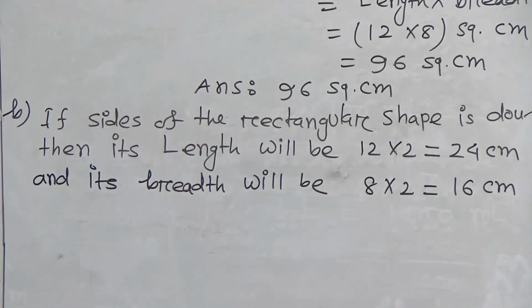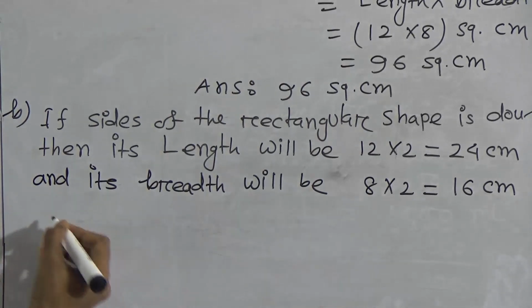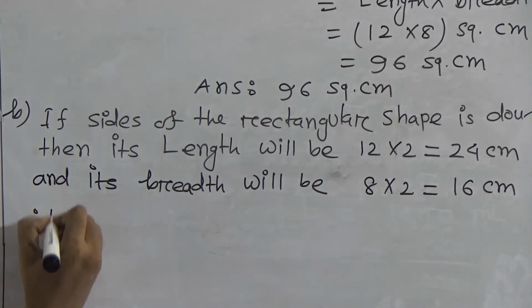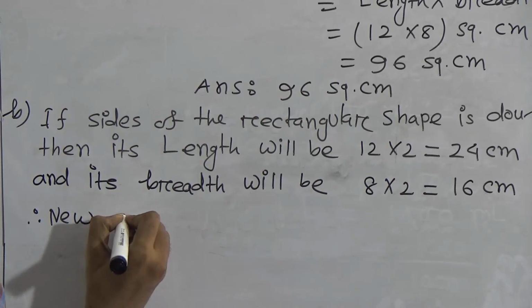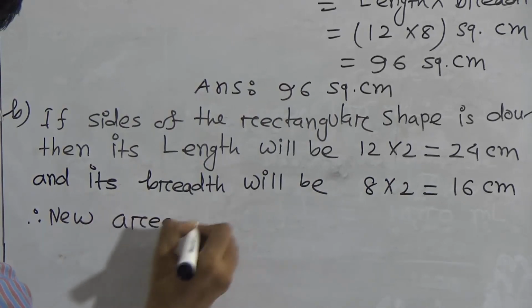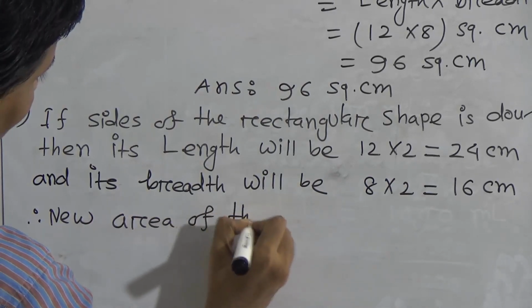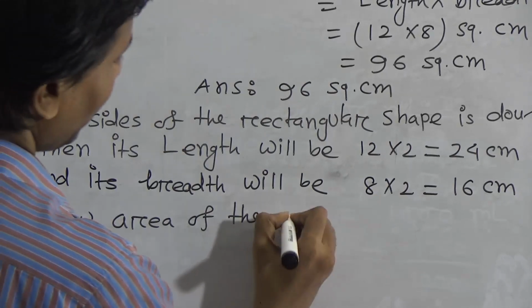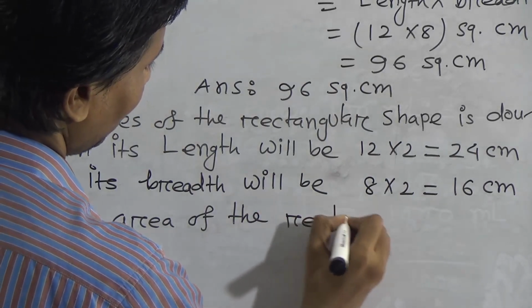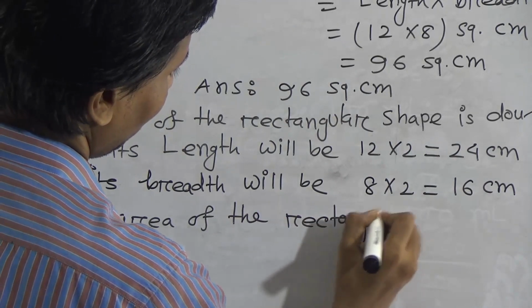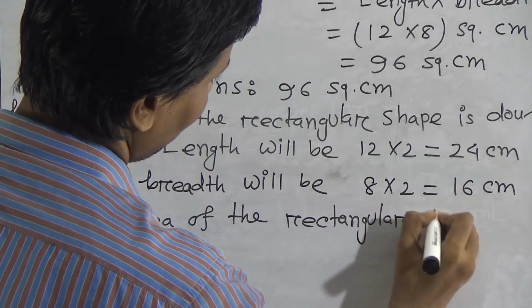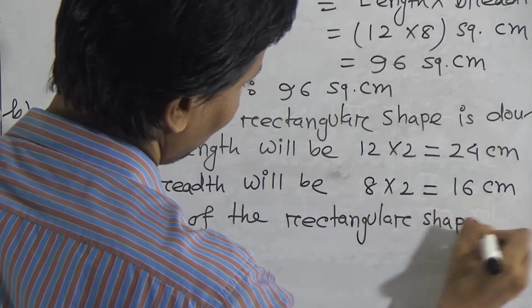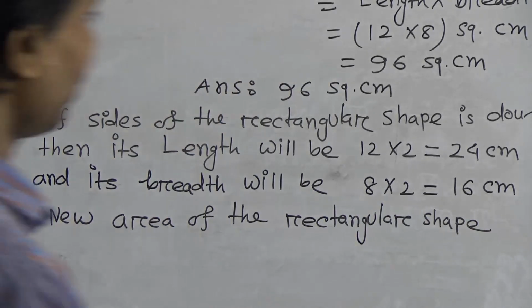Therefore, new area of the rectangular shape equal to what?